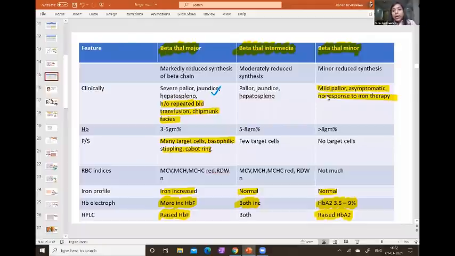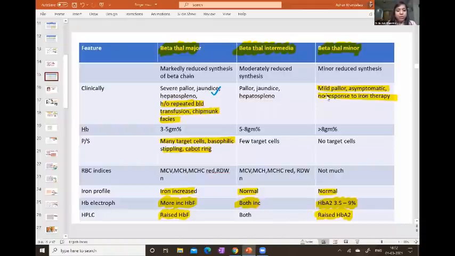But when I give iron to that particular patient, the patient does not respond. That's a sign that the patient does not have iron deficiency anemia. That patient might have thalassemia, so you start doing the other tests for thalassemia.